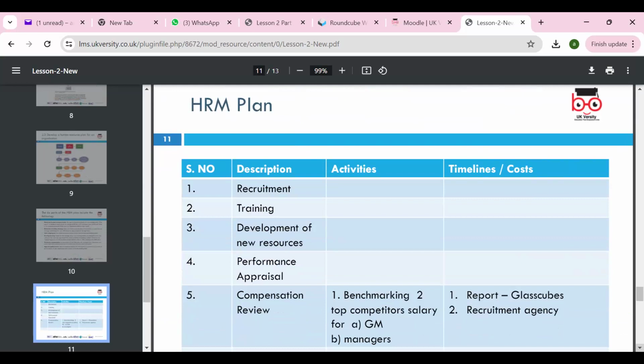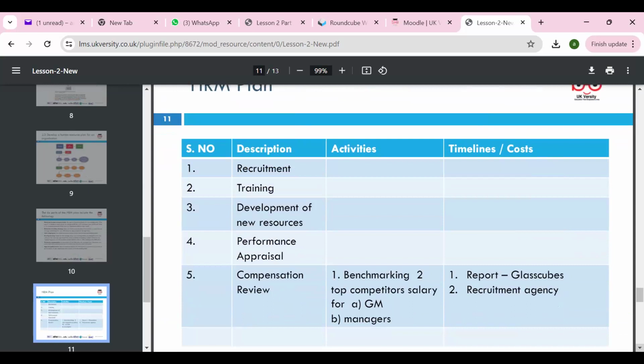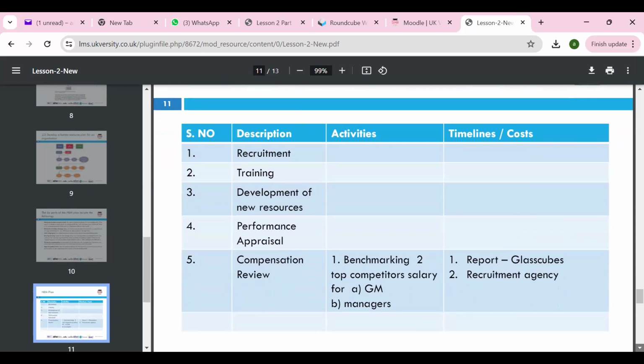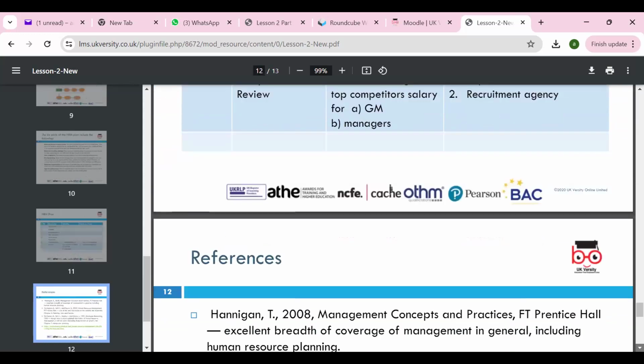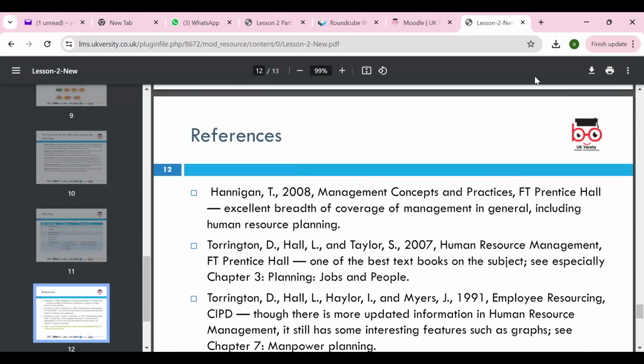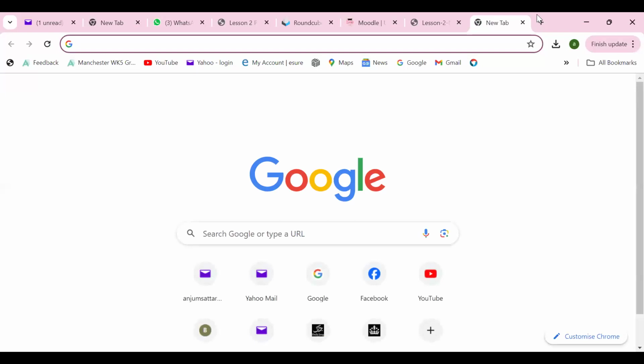We can benchmark top competitor salaries, managers' reports, and recruitment agencies we can recruit through. Okay, now the key concepts about human resource management. We'll go through HR planning quickly.